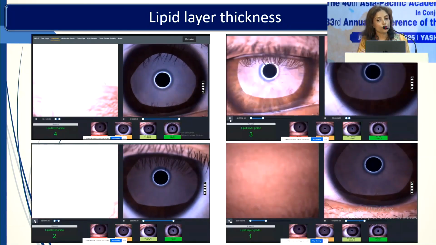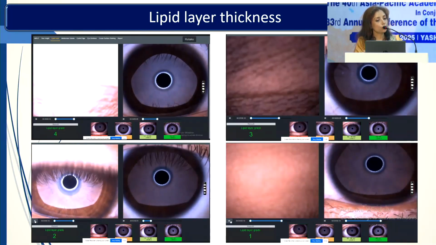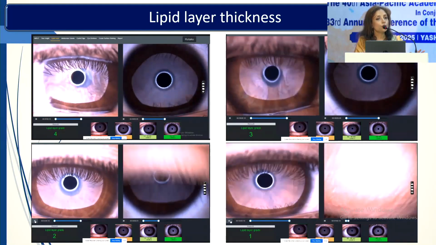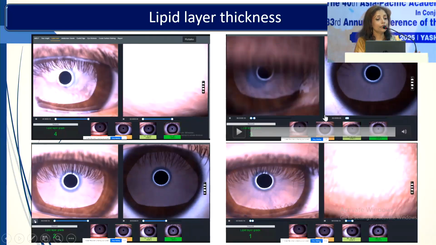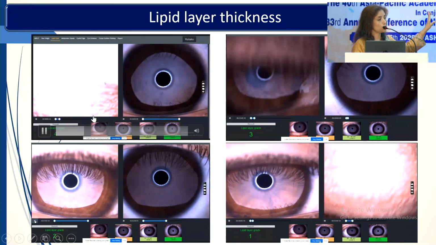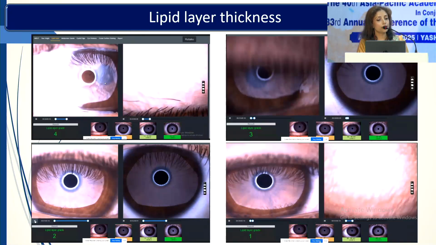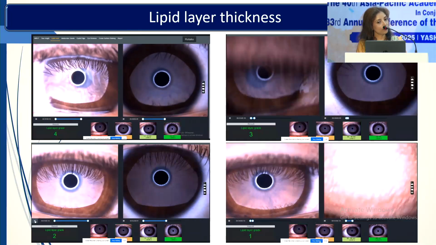The fourth function that it does is the lipid layer interferometry, which is based on the principle that when adequate white light hits a lipid layer, there is generation of interferometric fringes. The first video, top left, you can see there are multiple colorful fringes, which shows that the lipid layer is normal.